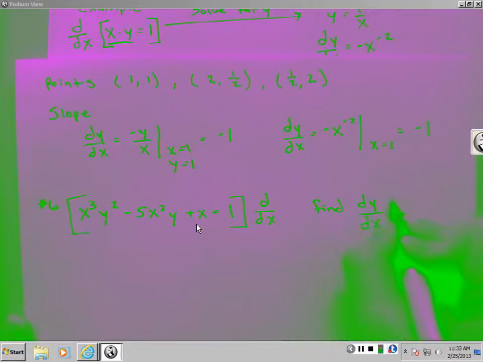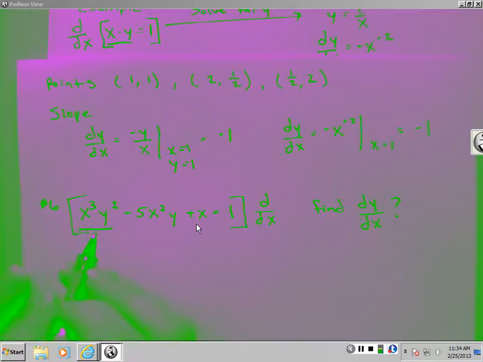That's what I'm looking for. So I had to do the product rule, and then straightforward. So let's look at this term.